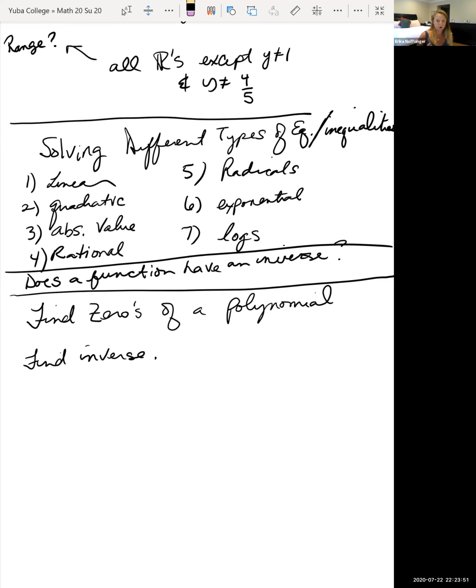You should know properties of a function and its inverse. You should be able to take composition of two functions.